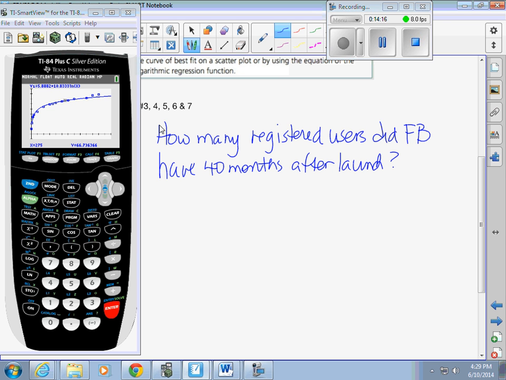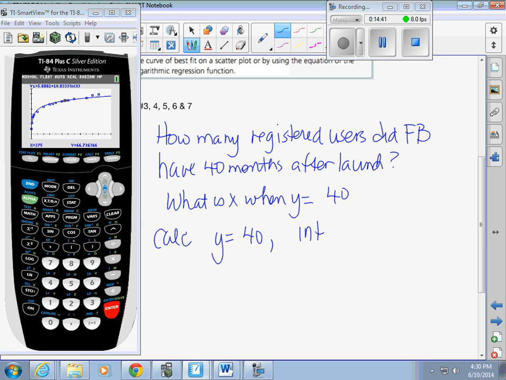So what this is asking then is, what is your X value when Y is equal to 40? So this is easy to do on your calculator, because all you need to do is put Y is equal to 40 and then do your intersect to see where the two lines intersect.